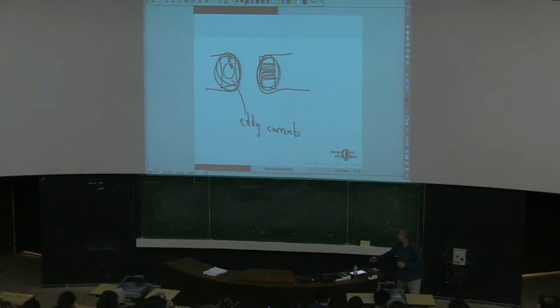Since they are insulated, the current cannot really run around circles. They can only run within that very small sheet, and the component of the electric field within that sheet will be small. So you don't get large currents building up in your transformer, and you don't lose energy.